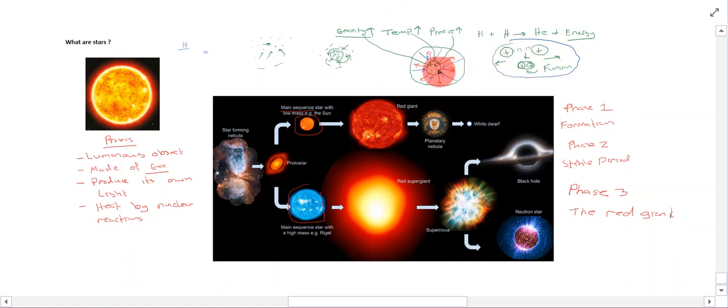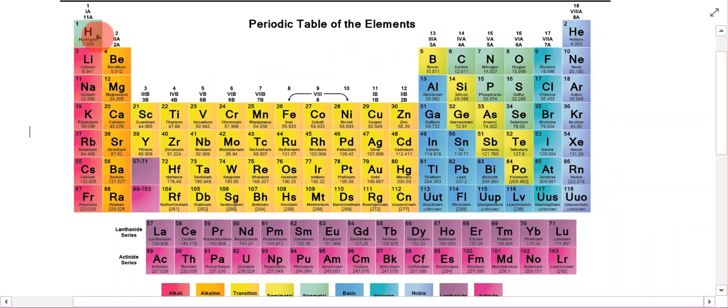You're going to get hydrogen atoms being compressed together, creating helium. Remember, on the periodic table, when you have two hydrogen atoms compressed together, you get helium being formed.